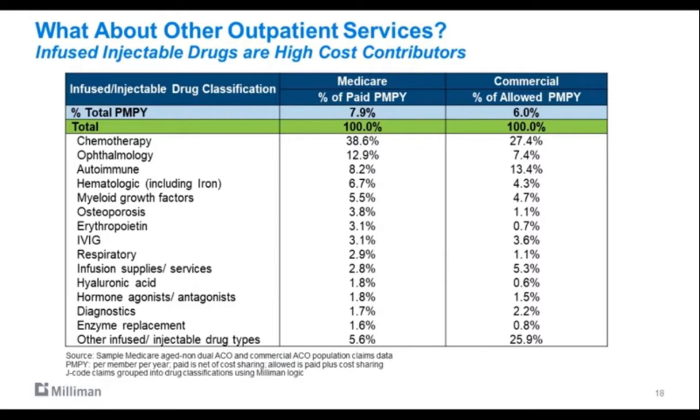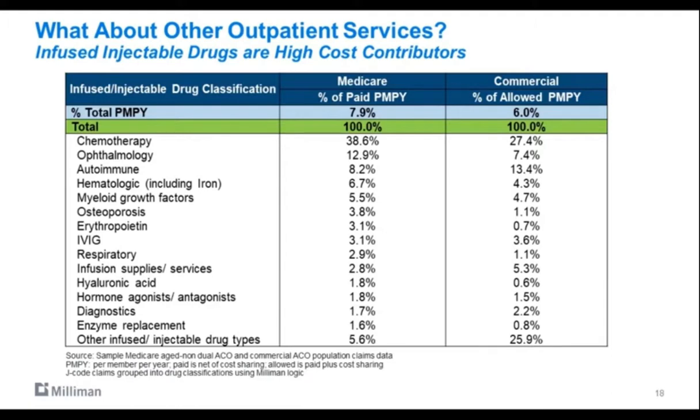Another area which I'd highlighted, 8% of Medicare spend is on infused injectable drugs, 6% of commercial spend. So that is just for the drugs being administered in an outpatient setting. And the biggest driver of that, as you can see on this list here, is chemotherapy. So then some will ask, well, do I really want to go there?